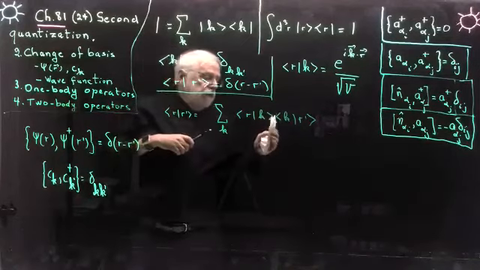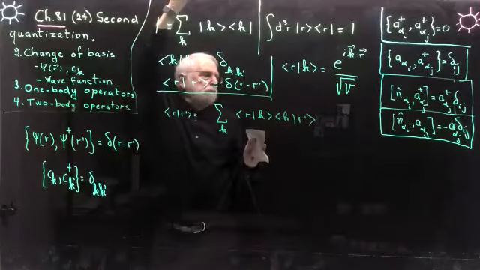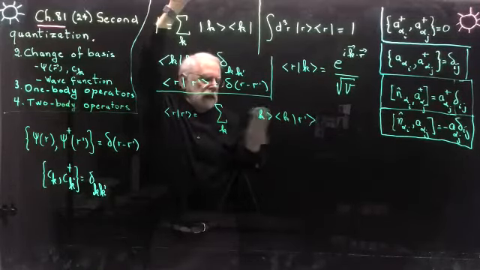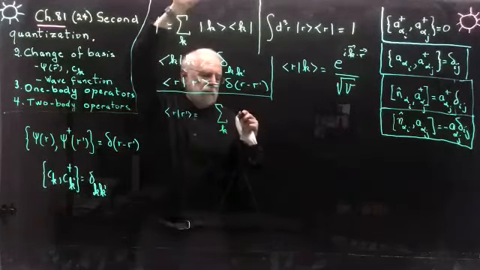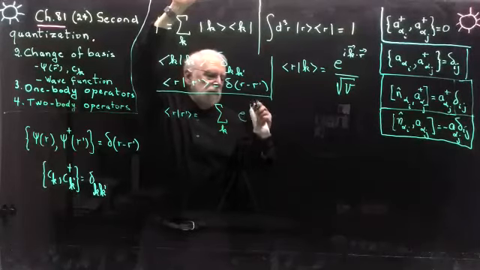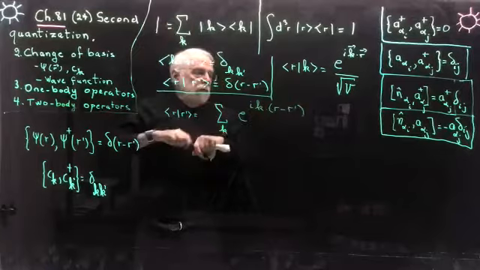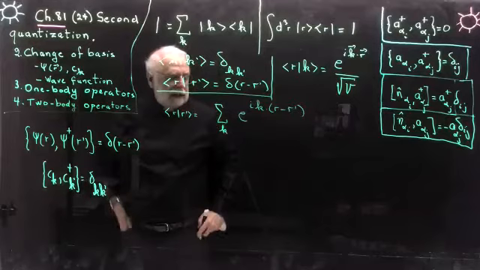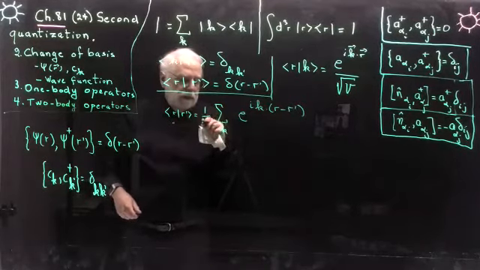And now if I use this, you see that I get e to the i k dot r minus r prime, and 1 over square root of volume twice is 1 over volume.